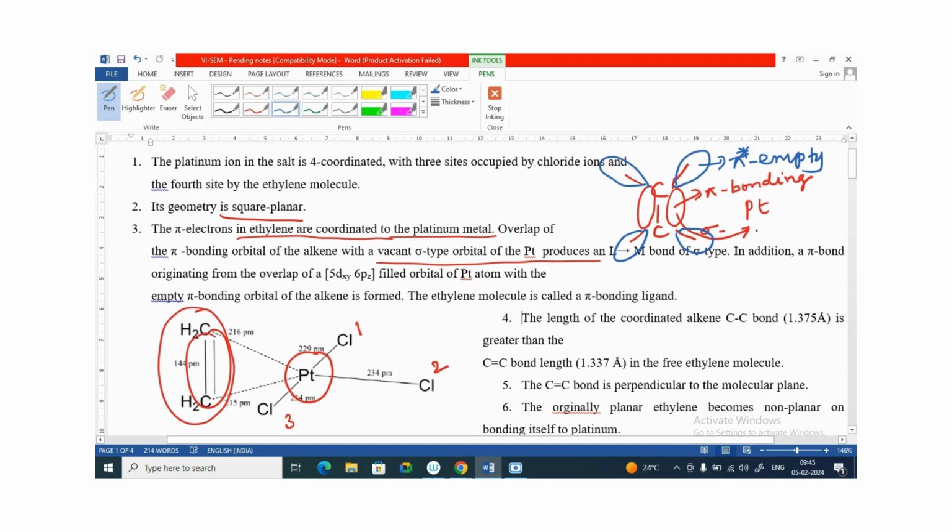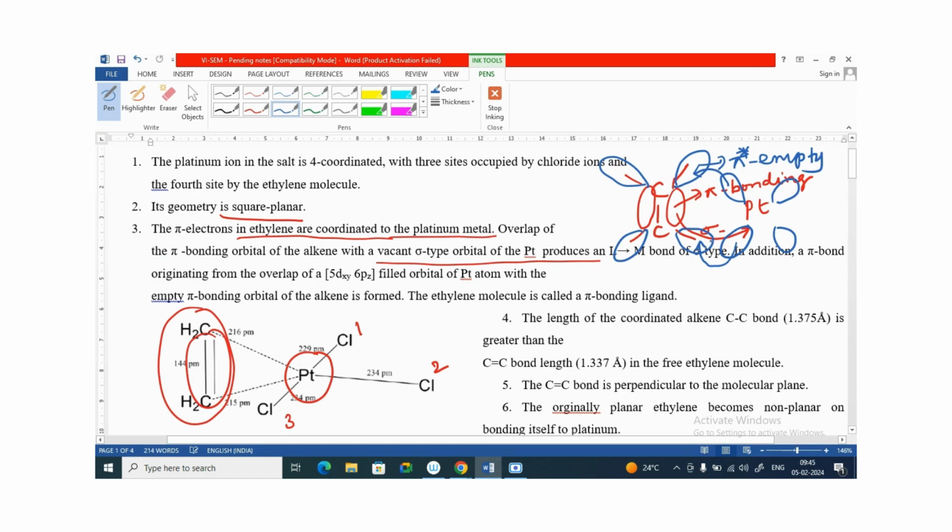So, I hope you might have studied these things in the pi bonding or pi back bonding theory. Here we have the filled T2g orbitals of platinum. From these T2g orbitals of platinum, filled orbitals can donate their electrons to the pi star empty antibonding orbitals of the alkene.